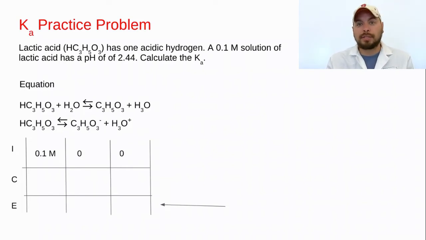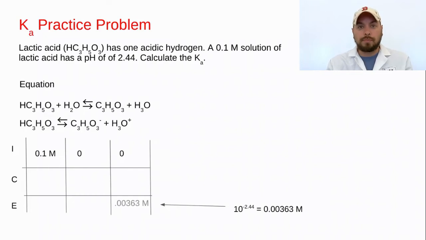I know X because I know the pH, and I know pH is equal to the negative log of the concentration of H+, which means that the concentration of H+ is equal to 10 raised to the negative pH. So 10 to the negative 2.44 equals 0.00363. Therefore, I know that X is equal to 0.00363.